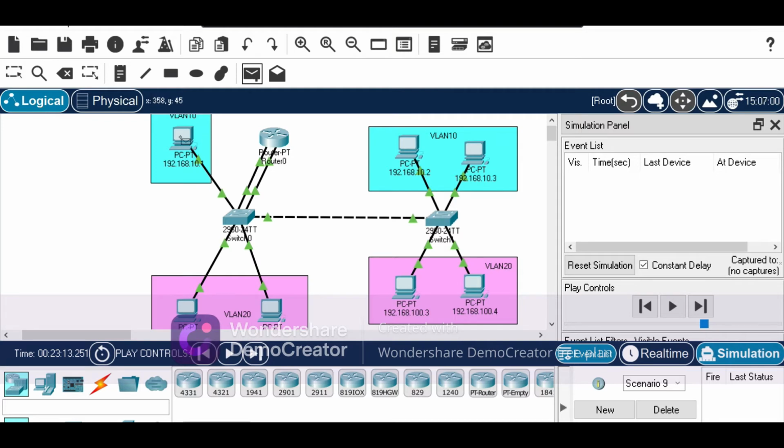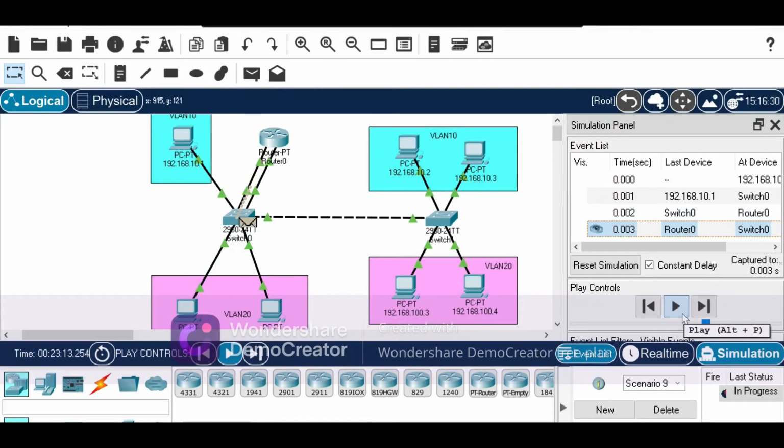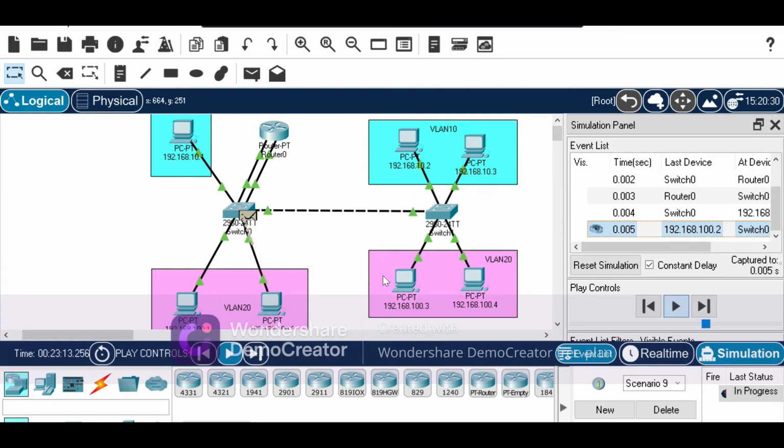Here I want to send a message from a VLAN 10 computer to this computer over here. I just want to test it right away. The message gets routed to the router, and the router decides where to send it. The router sends this message to 100.2, and from 100.2 the message is sent back to switch 0.